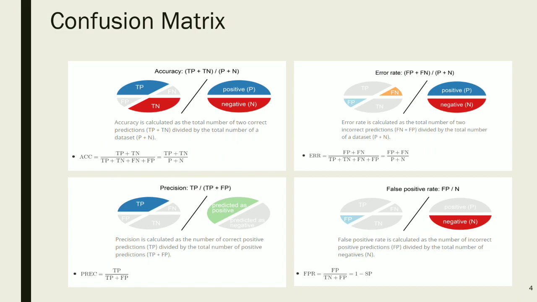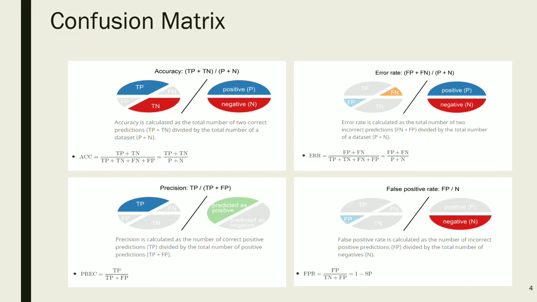What is error rate? Error rate is the total number of incorrect predictions. Incorrect predictions means false positive and false negative, divided by again the total number of events, that is total positives plus total negatives. Next comes precision.